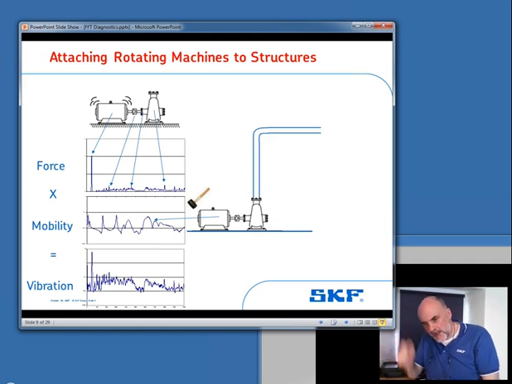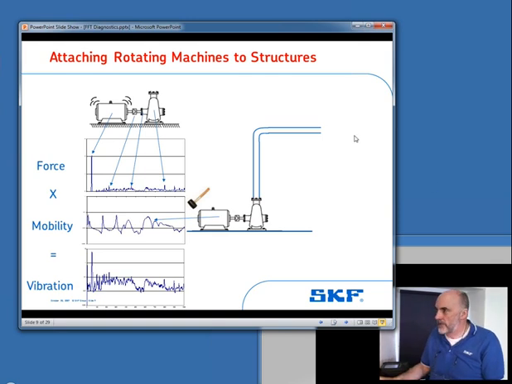People take a motor pump set without thinking. They attach pipework. They want to move fluid from A to B, gas from A to B. They don't think too much about the natural frequencies of these. And if they're really unlucky, the lightly damped natural frequencies will coincide with the big forces, and you get this thing called resonance.